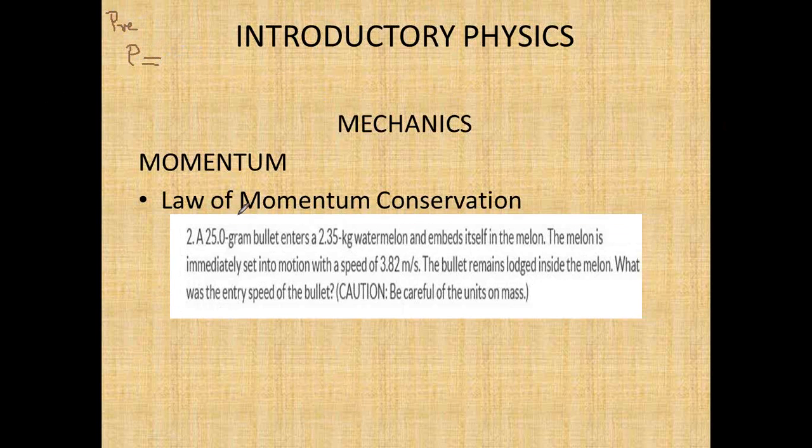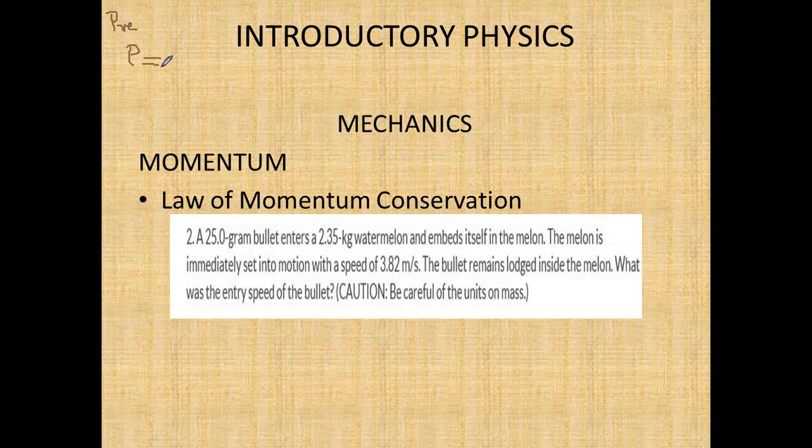You have an isolated system with a bullet and a watermelon. So you have to calculate the momentum for the bullet, and you have to calculate the momentum for the watermelon before the collision.